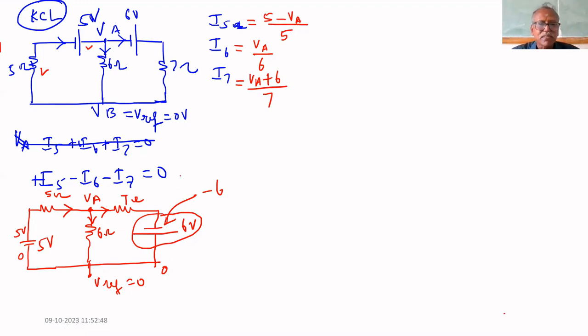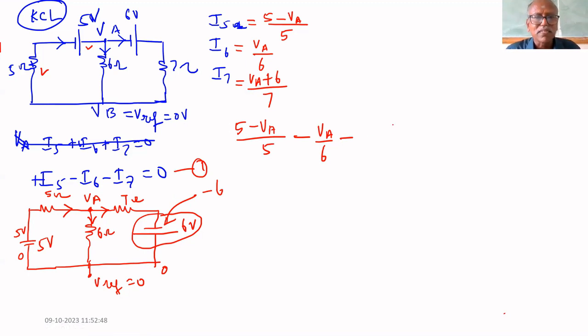Substitute in the first equation. What you will get? 5 minus VA divided by 5, minus. Why minus? Current is leaving from the junction. What you got? VA divided by 6, again minus, current is leaving from the junction.